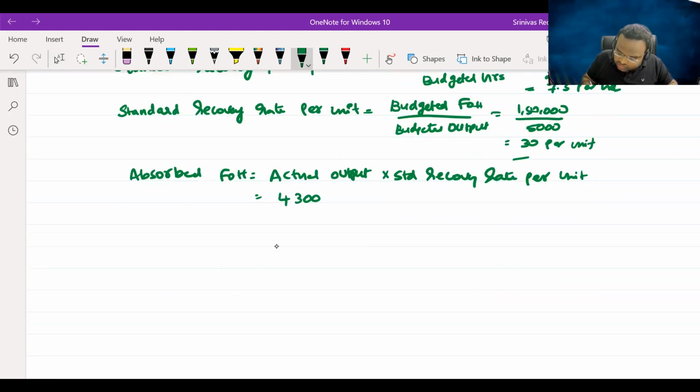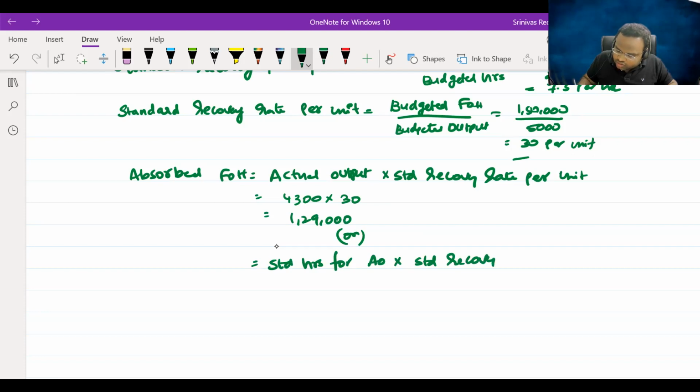What is the recovery rate? 4,300 into what is the recovery rate per unit? 30. So 4,300 into 30 is 1,29,000. Or standard hours for actual output, both are the same, into standard recovery rate per hour.